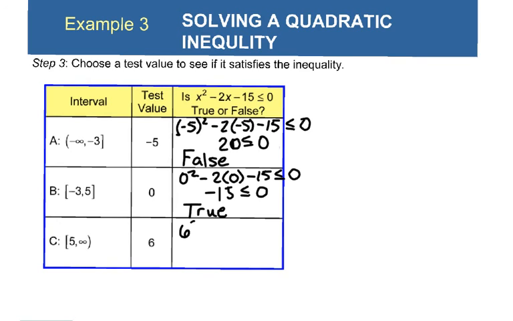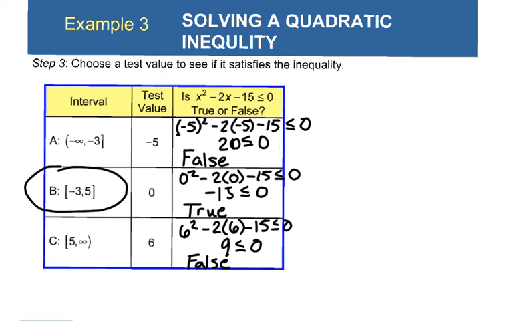So our test value, 6, squared minus 2 times 6 minus 15. And then that ends up giving us 9, which again, that is not a true statement. This is false. So the only one that ended up being true is this interval right here. So that is the solution to our inequality. That's what satisfies our inequality, is this interval right here, -3 to 5.